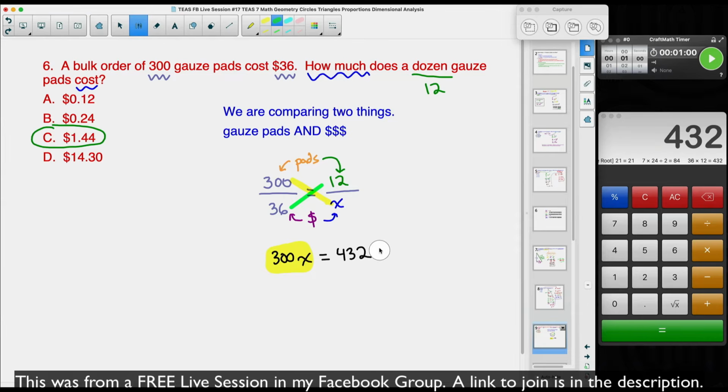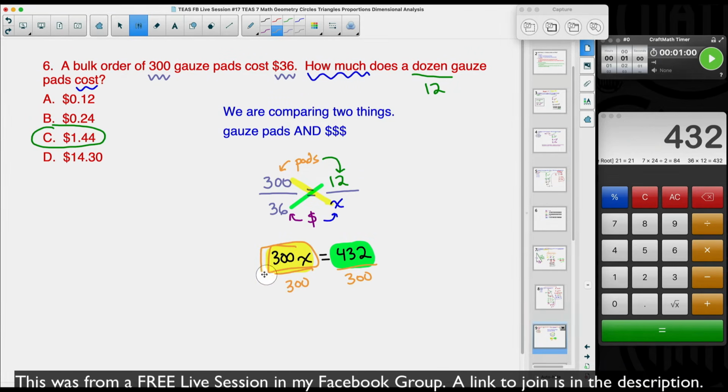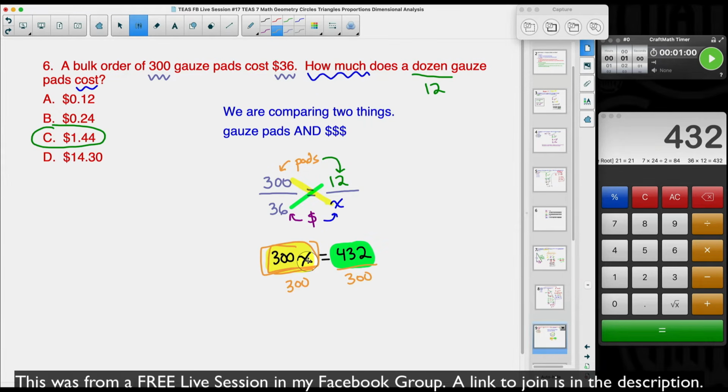So we have yet another equation. And to get x by itself, because that's what we're trying to find, the question says how much does a dozen gauze pads cost? That's what x represents. To solve this equation, we divide by 300. This is going to get our x by itself. Now, why did I divide? Just to reinforce equations. This 300x means 300 times that x.